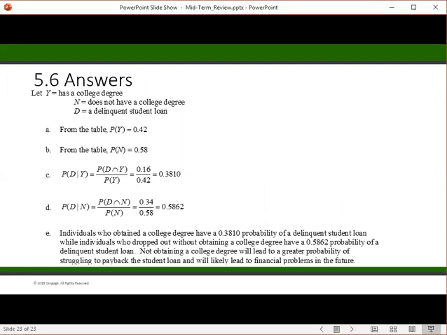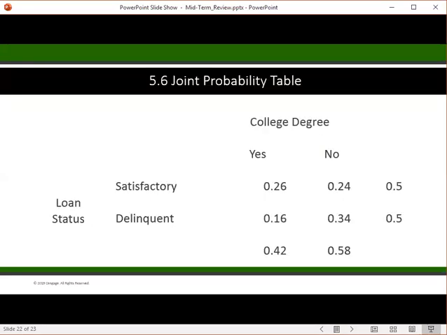Then question B, what is the probability that a student with a loan had not received a college degree? Well, again, that's going to be our marginal probability for the column no. It's going to be this margin, and they call it margin because it's at the end of a column or the end of a row.